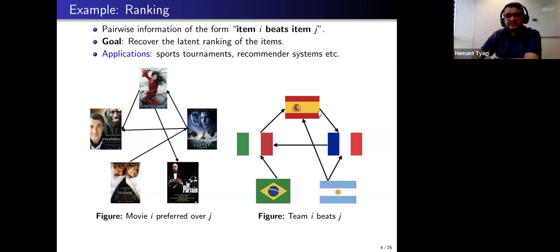So, for example, you can see here that France beat Spain, Italy beat France, and Spain beat Italy, right? So there's a directed cycle, and you cannot just traverse the graph and hope to recover the ranking by some naive methods. You need a method which is robust to all these inconsistencies. That's an important part of this problem.